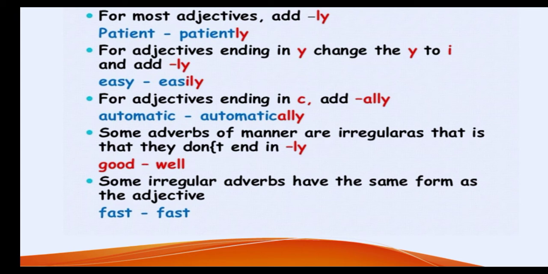Now, for this next part, that is c. Any word that is ending with the alphabet c, you will be adding a-double-l-y as the suffix. Okay. Now, there are even some exceptions to it.